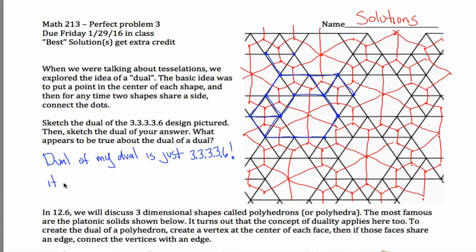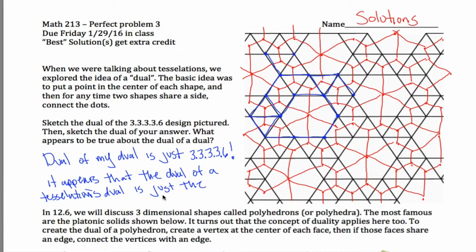It appears that the dual of a tessellation's dual is just the tessellation. And that's true. Just by construction, the way you make those work out, you always get the pattern back, which, I don't know, I think it's kind of cool.